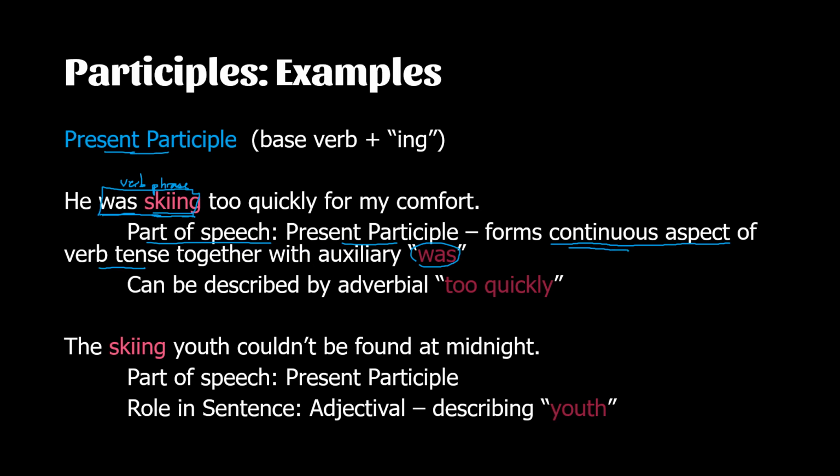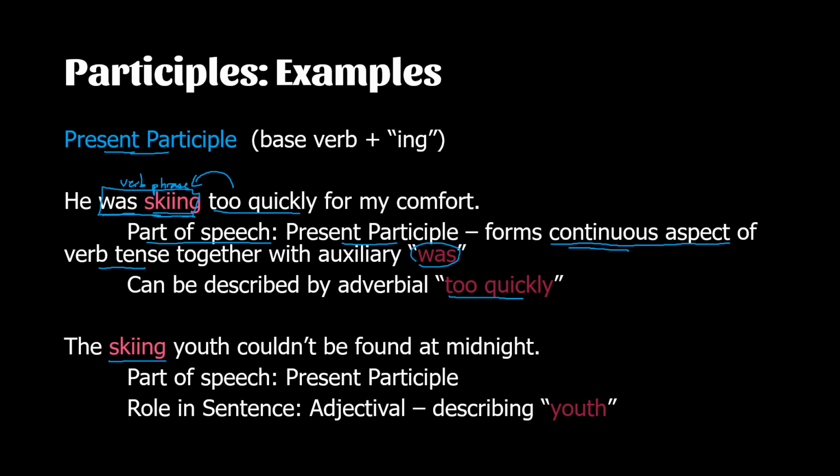Present participles can be described by adverbs. So here we have too quickly, an adverb phrase describing skiing. The present participle can also have an adjective function. So the skiing youth couldn't be found at midnight.